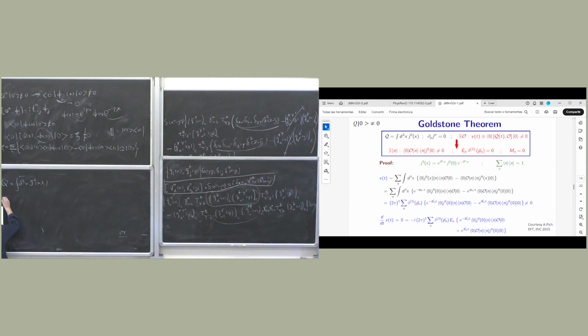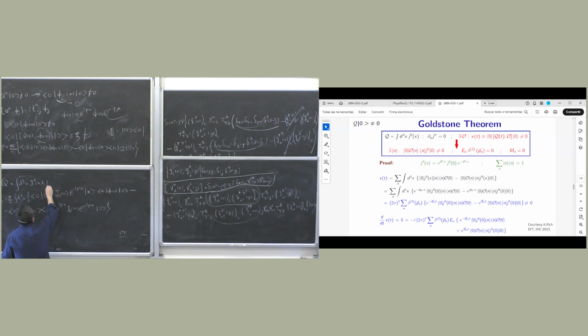Therefore, what I have is that C is the sum over n, the integration d3x, then vacuum e to the i p x J0 of 0 e to the minus i p x, n, n phi 0 vacuum, minus vacuum phi at 0 n, n e to the i p x J0 of 0 e to the minus i p x vacuum.